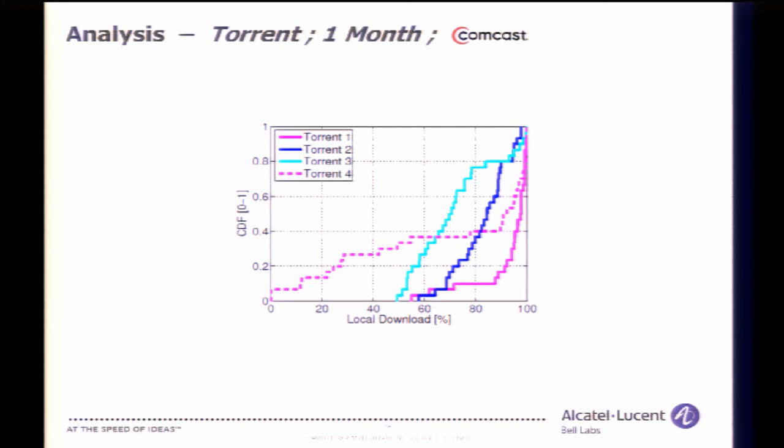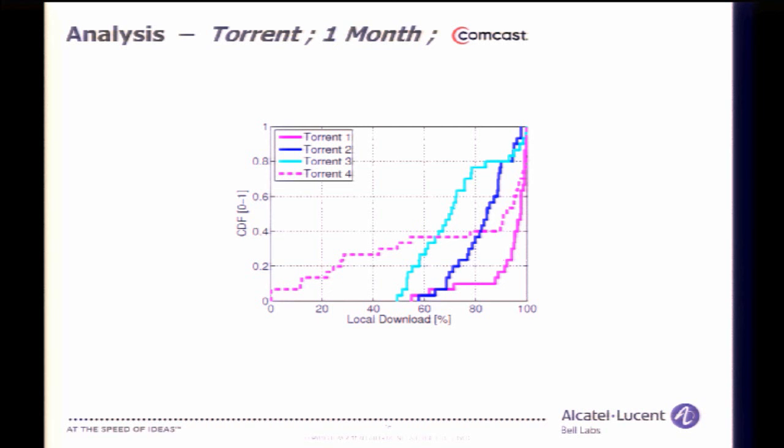As we said before, the traffic is not always local, it's not always 100%, because there are some events we cannot control. But on top of that, we can see that as the torrent popularity goes down, the fraction of traffic that stays local is reducing. So the torrent popularity is also playing an impact.